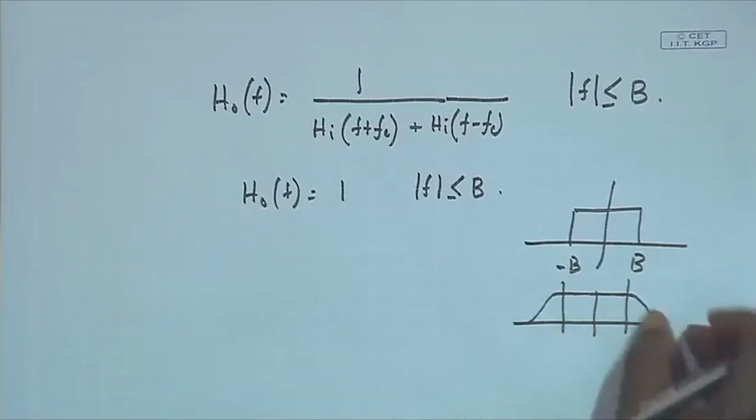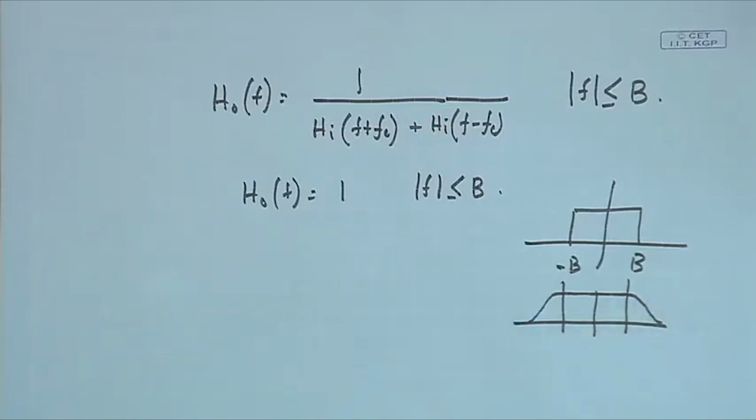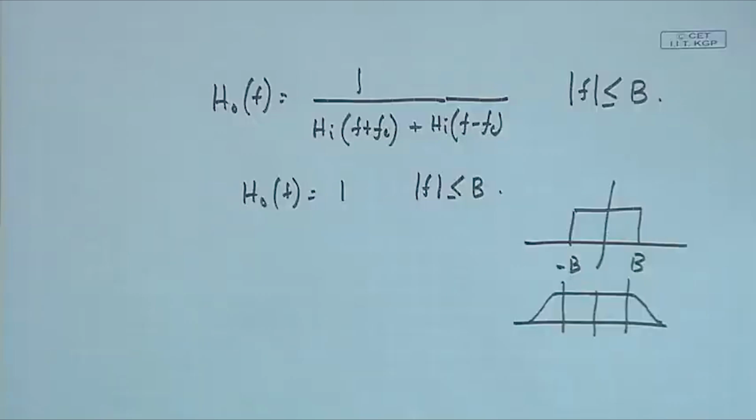That must be ensured; the rest of the things are not that important to me, because it is all defined within that band only. My actual signal was within that band, so all I have to do is make sure that within that band it is alright. What is happening at all the other places is not very important, but one thing you need to keep in mind is that it should not spread in such a way that the 2fc term comes back.